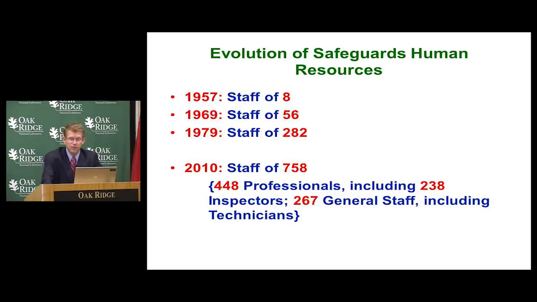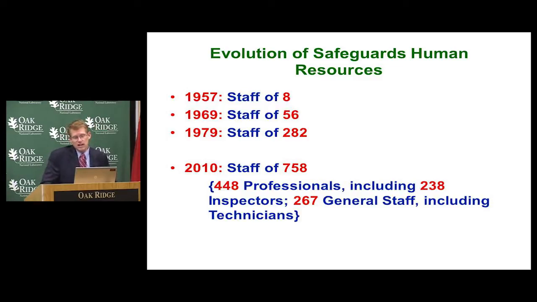Looking at the staff within the Department of Safeguards in particular, remember this is one of the 6 departments. When the agency was created in 1957, there were 8 full-time members of the Safeguards Department. Over the next decade, it grew to 56. The next decade after that, it grew to 282.